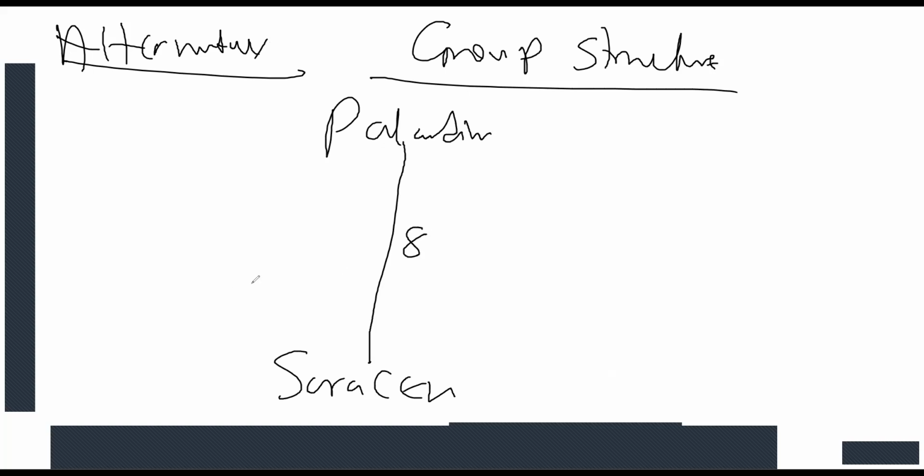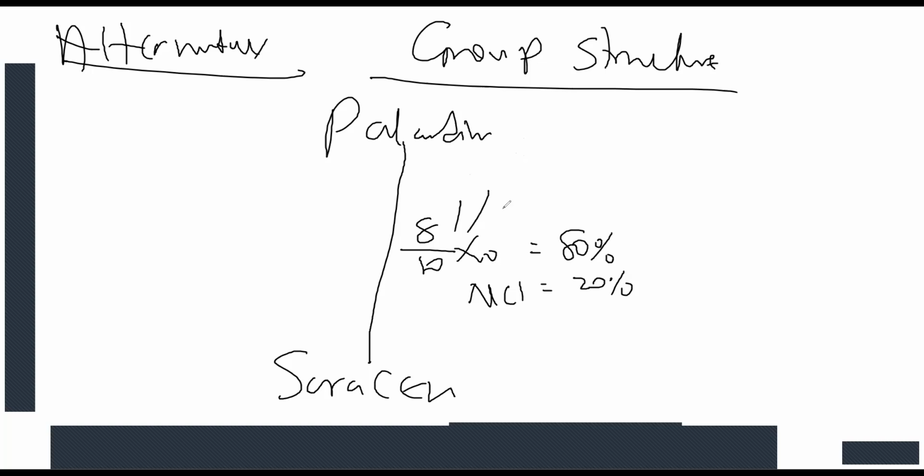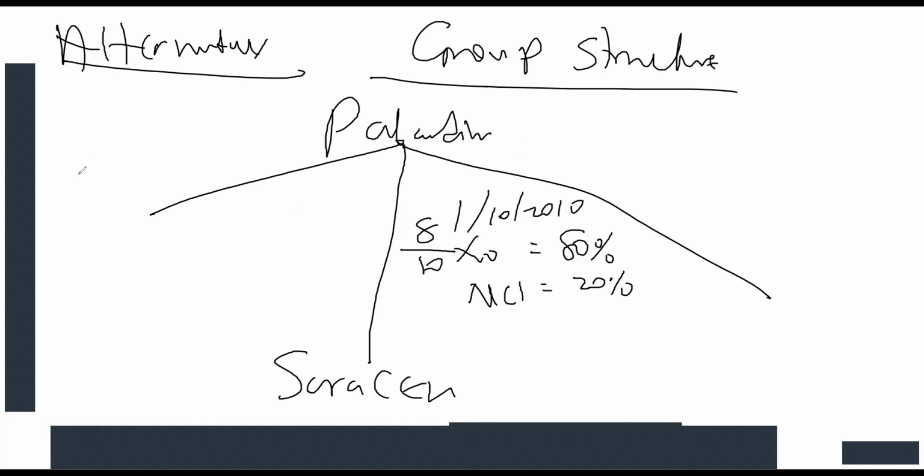They put the 80%, they do the calculation, 8/10 times 100. 80%, NCI 20% on 1st of October 2010.